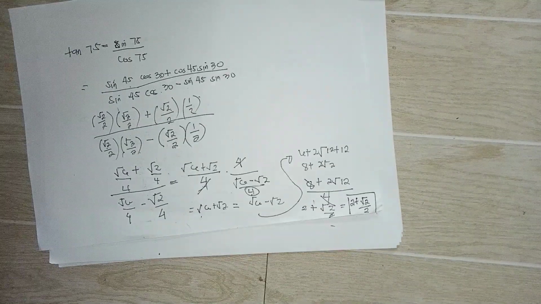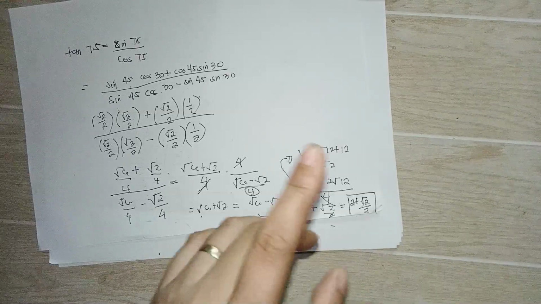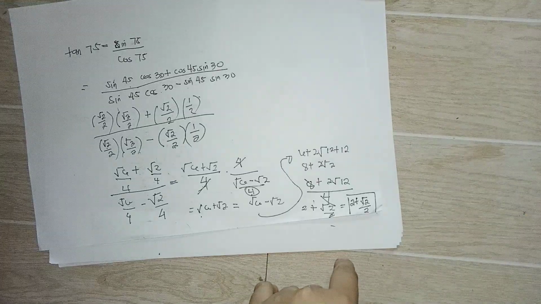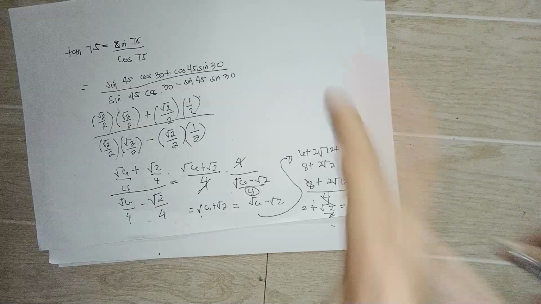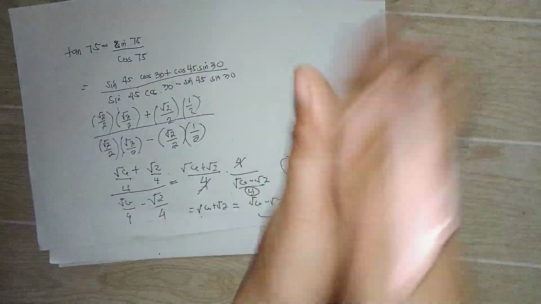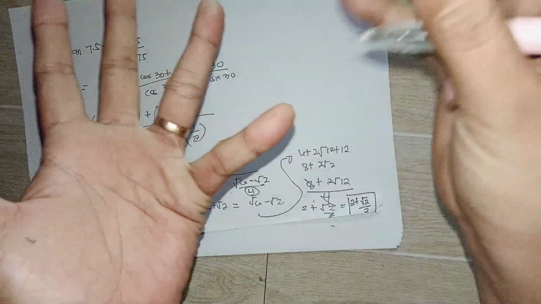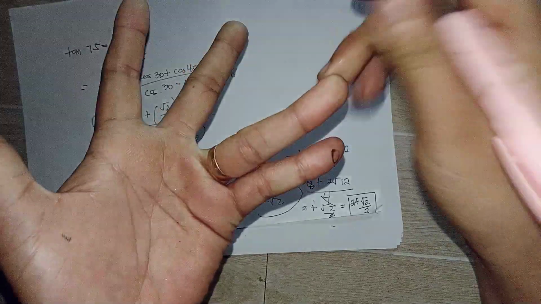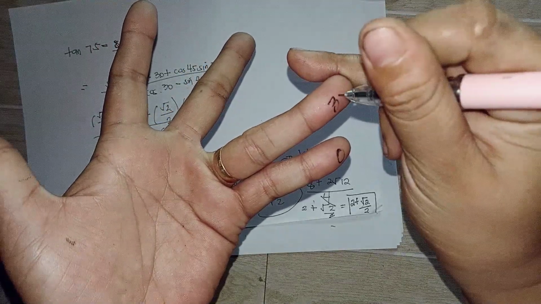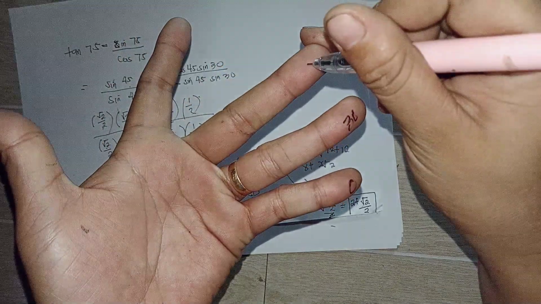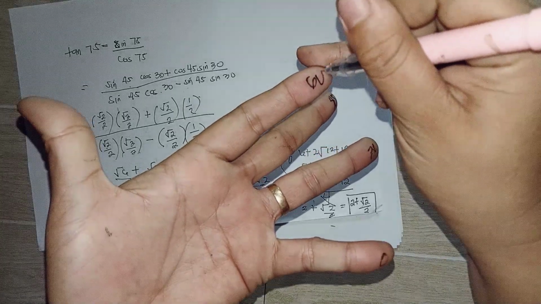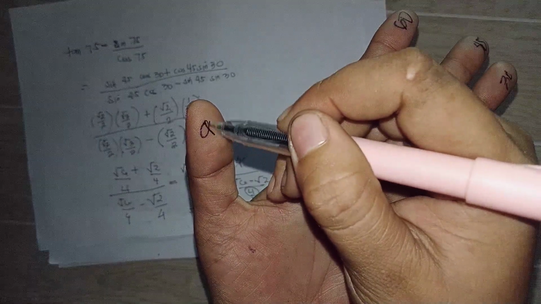I have a tip to find the values of cosine and sine of 45. Use your fingers. So this is 0, this is 30, 45, 60, and 90.